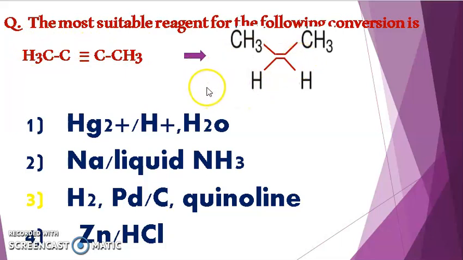But here this is a cis alkene, right? So the alkyne is converted into cis alkene here. But if we use this Birch reduction reagent, Na in liquid NH3, the alkyne is converted into the trans alkene, so it is not the actual reagent used for this conversion.